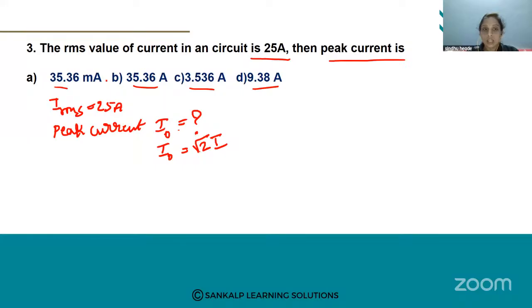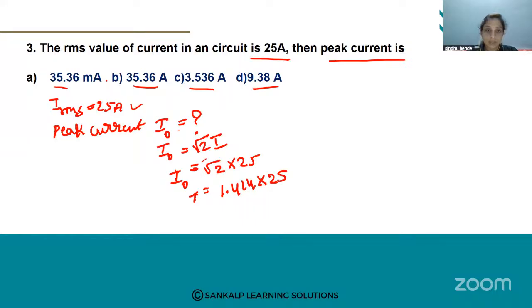Substitute here. Here they give I value, that is 25 ampere. So I naught is equal to square root 2 into 25. You should remember the value of square root 2, that is 1.414 into 25.